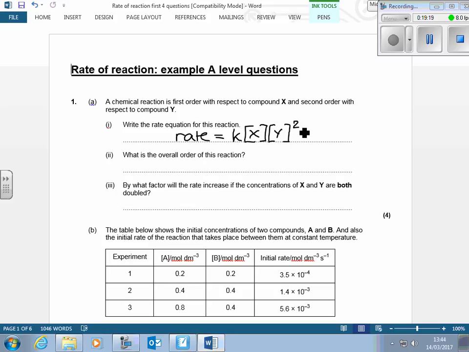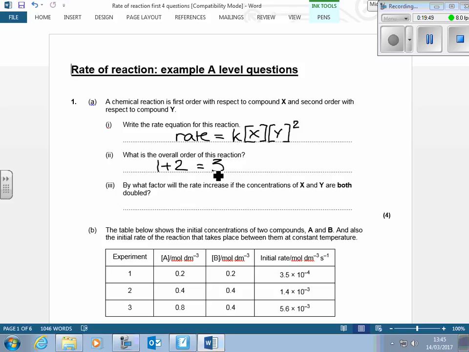So the overall order of this reaction is 1 plus 2 equals 3. It's not often I get to write something like that on the board, but it shows where that information comes from. If this was an A-level exam, you wouldn't have to put 1 plus 2 equals 3. But you know me and how I mark things, I'm looking for you demonstrating understanding, so I would want that in there.